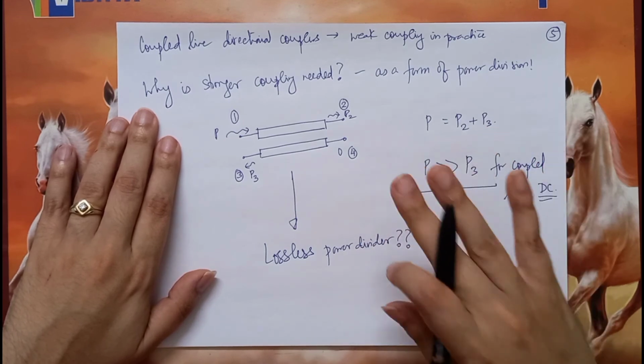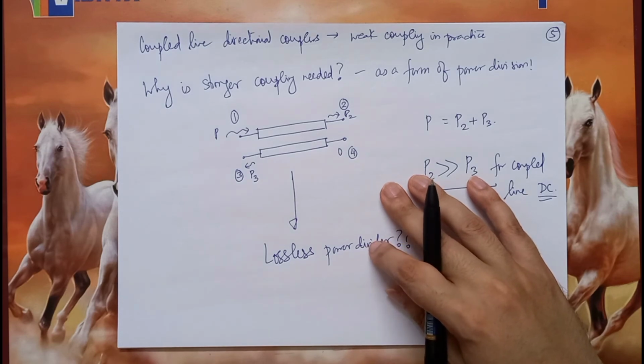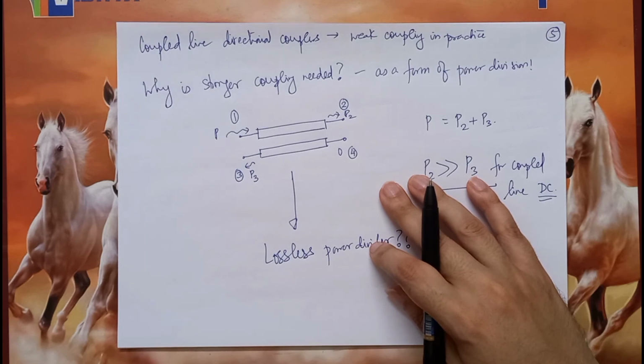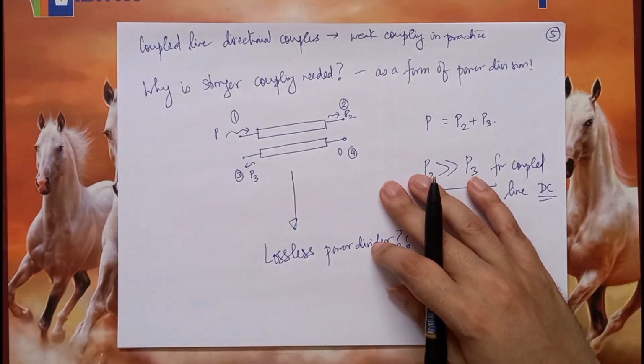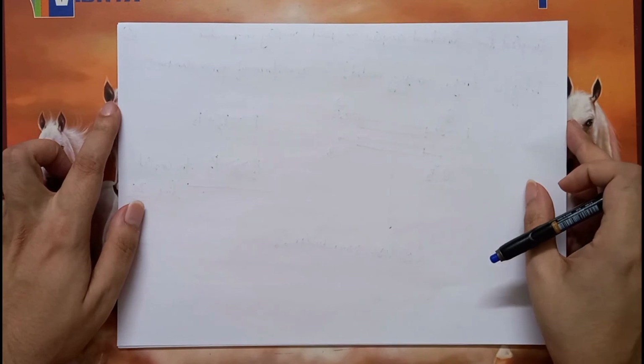Although in literature you will also come across the word coupler, both are used. I prefer the term hybrid more because that's a better indication of its behavior. It is a power divider as well as a coupler, so we call it hybrid. So now we introduce the concept of hybrids.